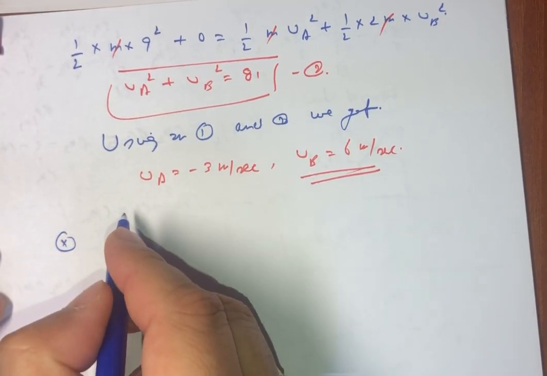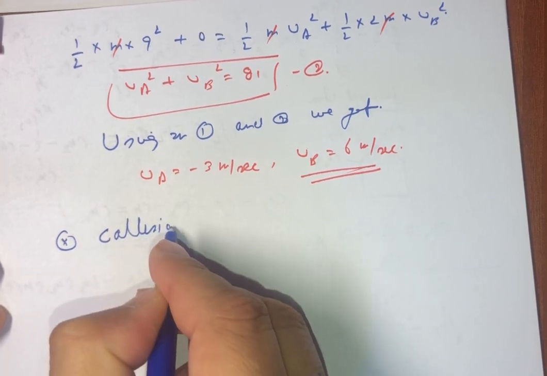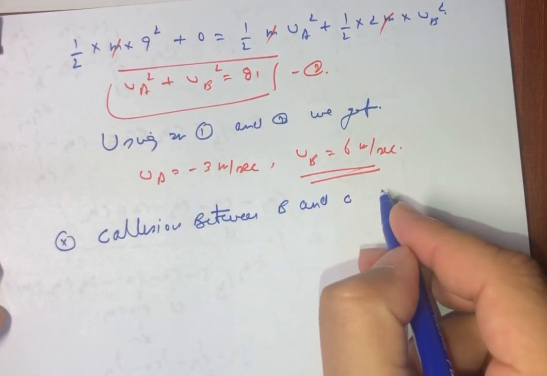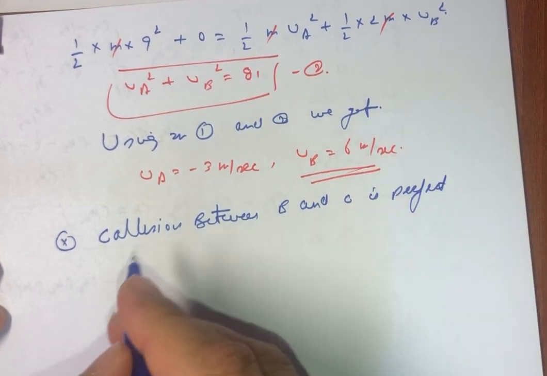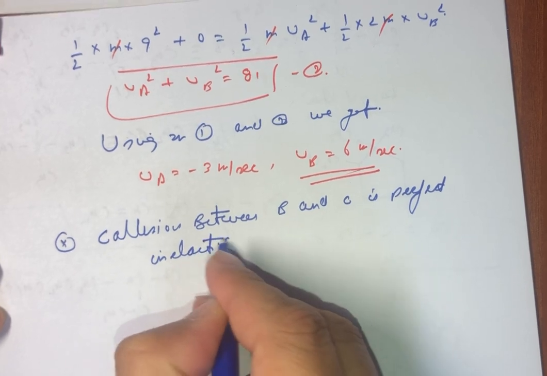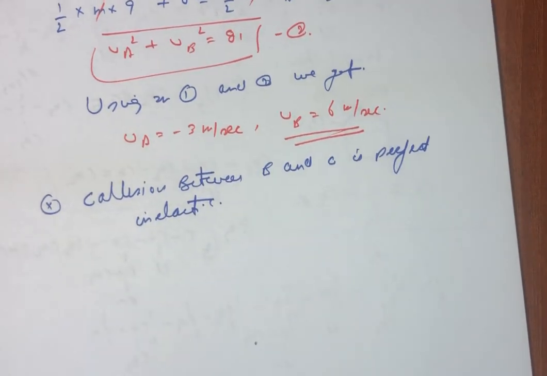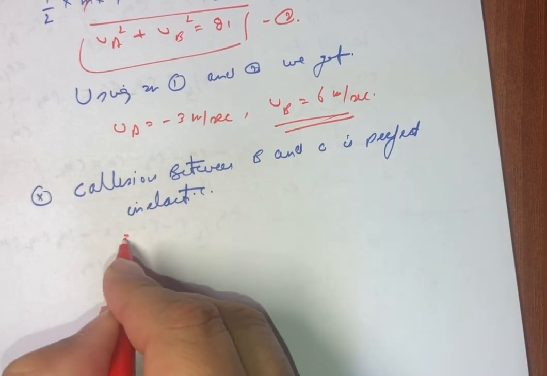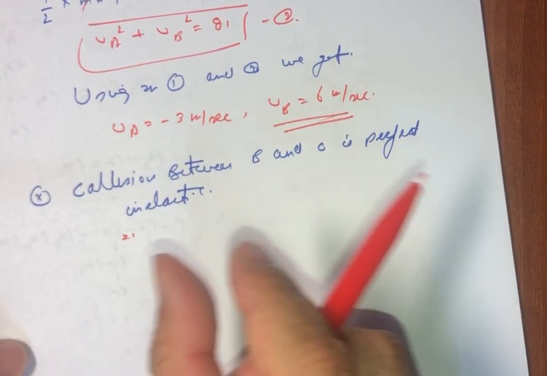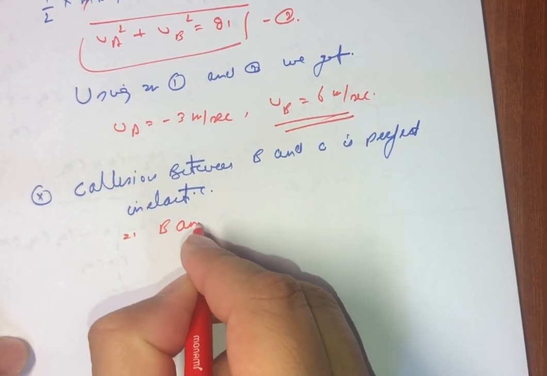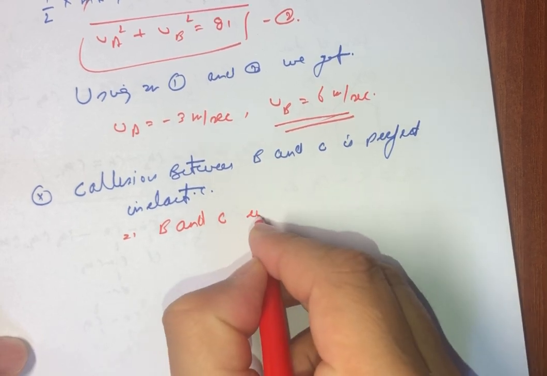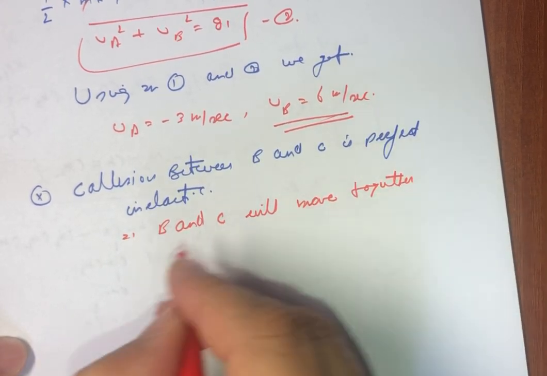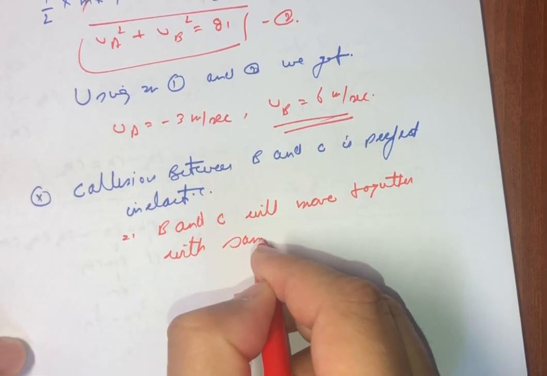So next is the collision between B and C, which is perfectly inelastic. Perfectly inelastic means that after collision B and C are going to stick together and move together with the same velocity.